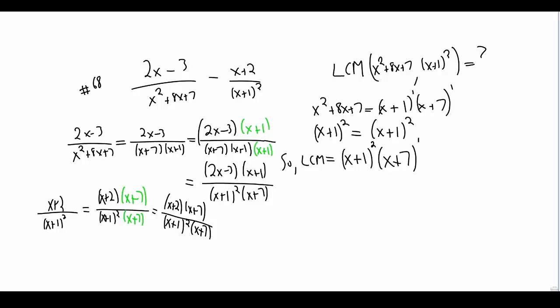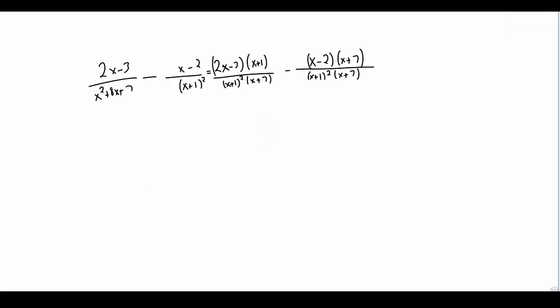Okay, so now let's write this out. So here is our subtraction problem, now with a common denominator. So we keep this common denominator, and we subtract the two numerators.